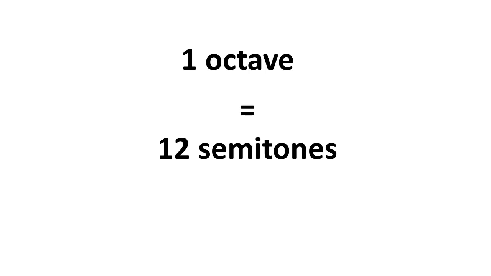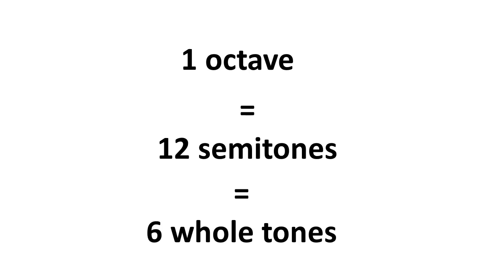So, an octave consists of 12 semitones or 6 whole tones, because there are 2 semitones in a whole tone. Later you will see other intervals than only half steps, whole steps and octaves.